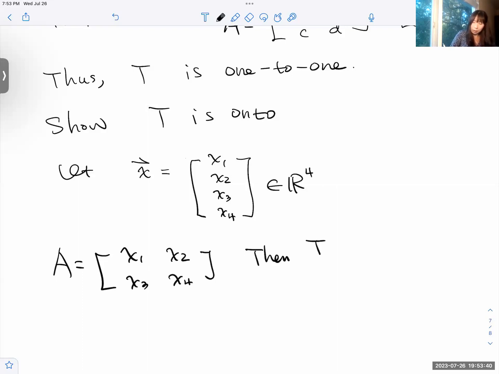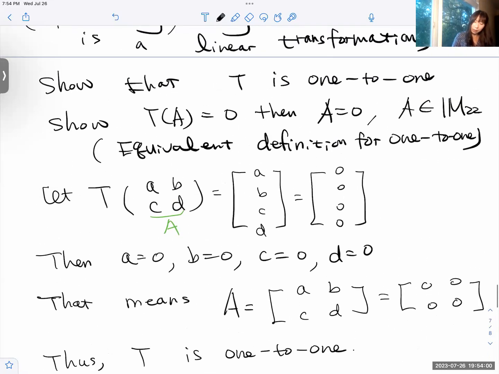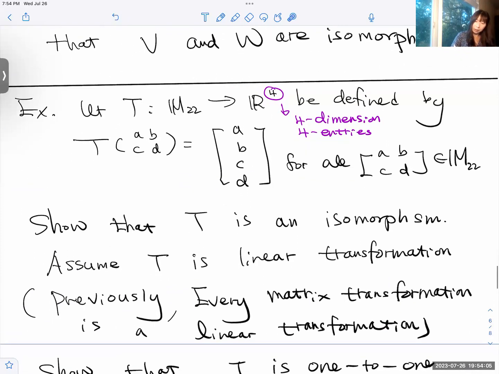Then T of A, which is T of (x1, x2, x3, x4), will be (x1, x2, x3, x4), right? Because they say here that the input is a 2 by 2 matrix, then we get output of 4 entries, right?